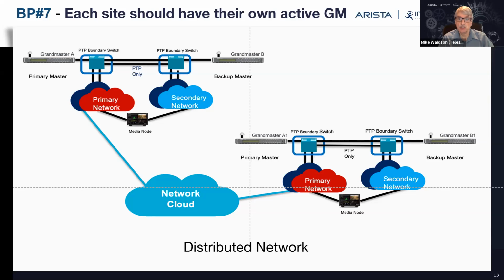Now for this distributed network, it's recommended that each site have their own active Grandmaster that is locked to GPS. This means each site will be locked to a known time reference, and each site will have a common master clock. One may consider using the network itself to carry PTP across each site. However, PTP is reliant on synchronization of both forward and reverse path.